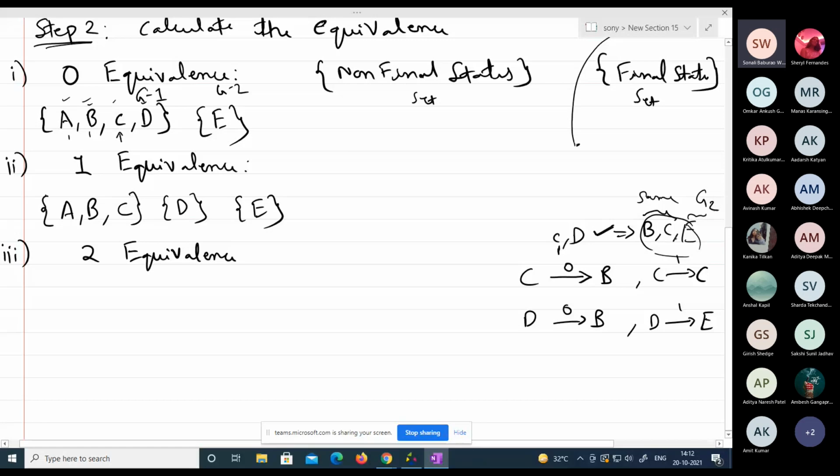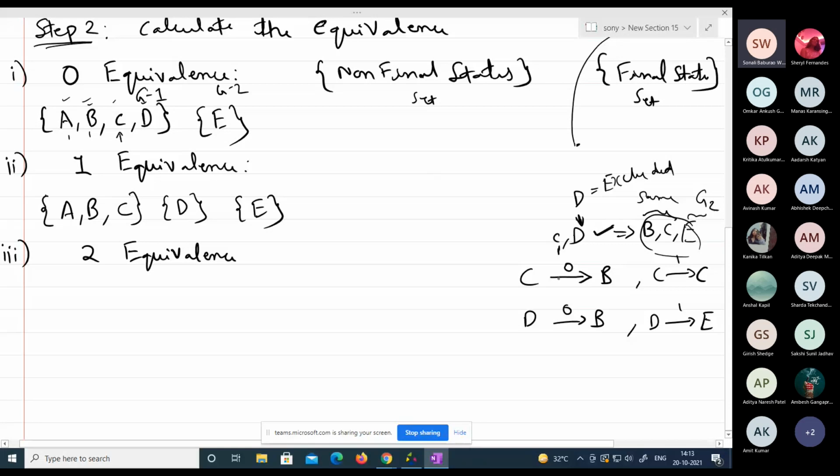If any one state belongs to another group, then that particular state, for example here D, is excluded, and then a new group is formed for that excluded state. Now our two equivalents.